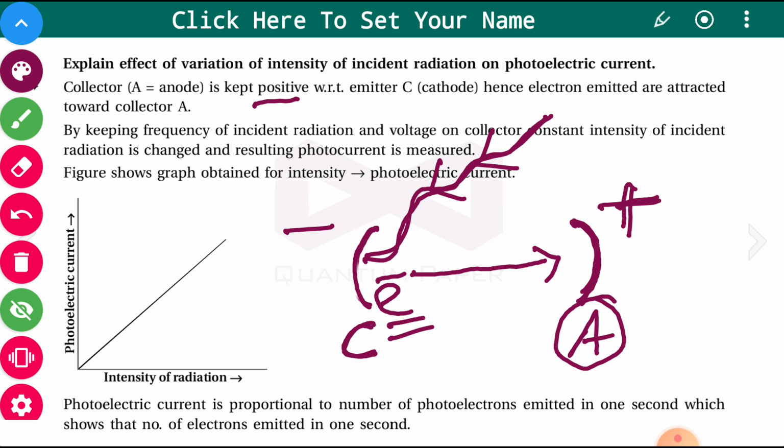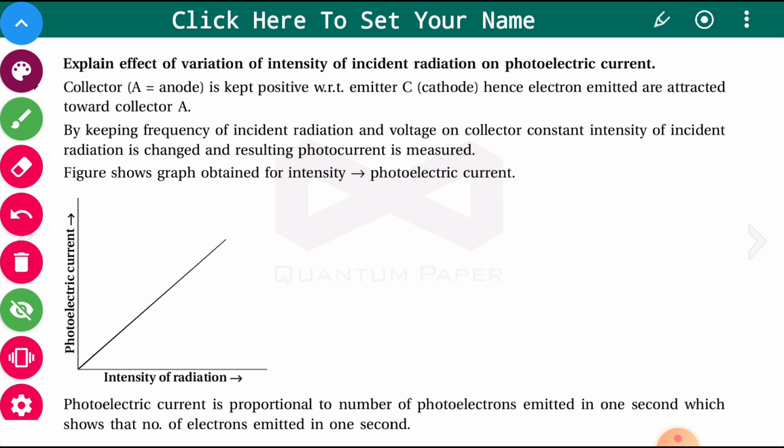By keeping the frequency of incident radiation and voltage on the collector constant, this frequency you keep as it is, and the voltage of the collector you are keeping as it is, the intensity of incident radiation is changed. Now what you are changing?